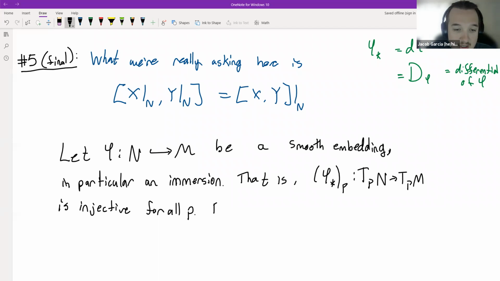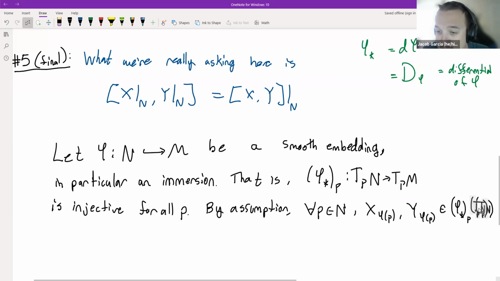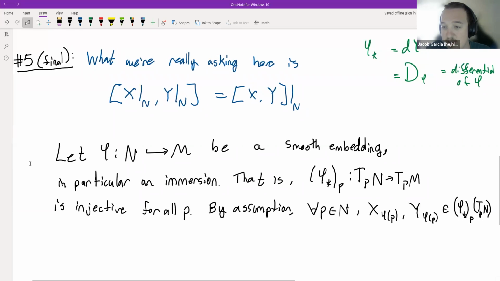Okay, so by assumption, for every point in my embedded submanifold, X at phi(p) and Y at phi(p) are elements of the image of the tangent space of N under this map, which of course is contained in T_phi(p)M, but that's secondary.